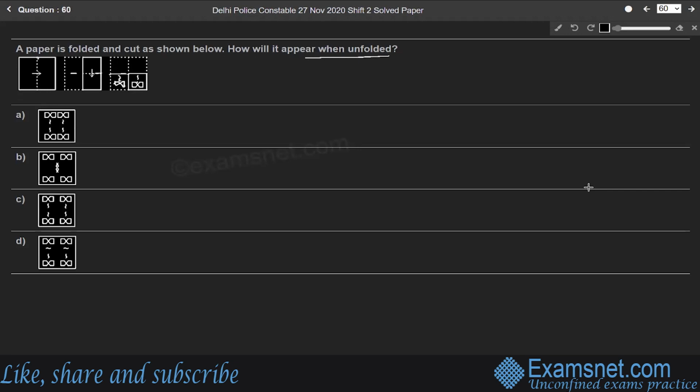Once again, the upper part also will be the mirror image of the lower part, like this. Therefore, in option C, all images are mirror images of the cut portion, which is this, right? Therefore, option C is the correct answer.